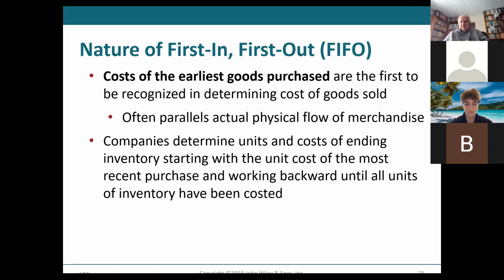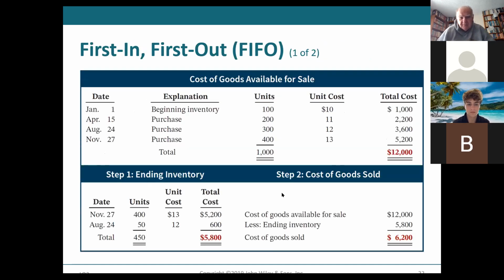FIFO, first in, first out. We are pretending, and I use the word pretending deliberately, that we're always selling the oldest goods first, and then we sell the next oldest, etc. And I'll demonstrate that, I hope, pretty clearly with another set of slides. So let's take a look at FIFO. Remember, the goods available for sale line is always going to be the same. That's your history. They said there were 450 left in the store.